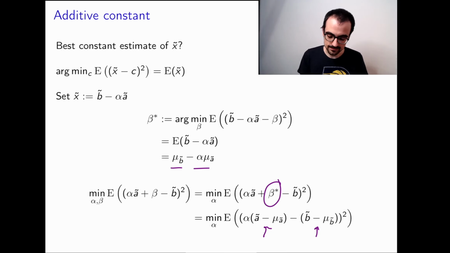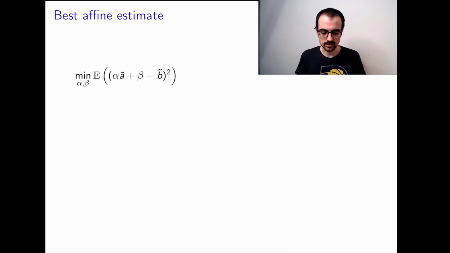We have the centered random variables, so maybe now we just need to divide by some stuff to get the standardized random variables, because we know what the best linear estimate of the standardized random variables is, right? Like the standardized version of B given the standardized version of A. So we're almost there. Let's try to get all the way there.